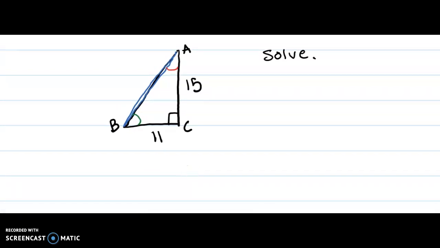For that side, well, we already have 2 other sides. So I'm going to use the Pythagorean theorem here. So to find b, I'm going to have 15 squared plus 11 squared is equal to ab squared. Okay, so we can use our calculator here. So we're going to have 15 squared plus 11 squared.